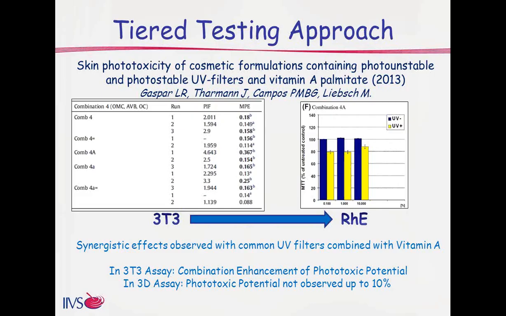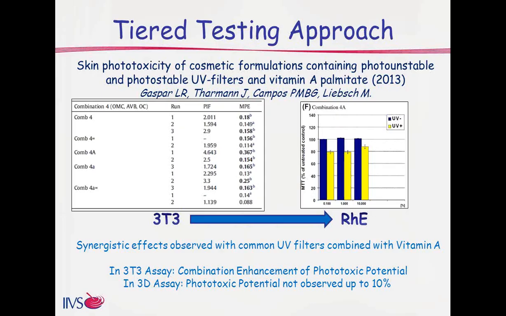Here's a specific example of a tiered testing approach using the 3D and 3T3 assays. This was recently published early this year, and it took a look at some common UV filters like avobenzone, octyl salicylate, and octocrylene, and also vitamin A. And we looked at both the 3T3 and the three-dimensional assays.